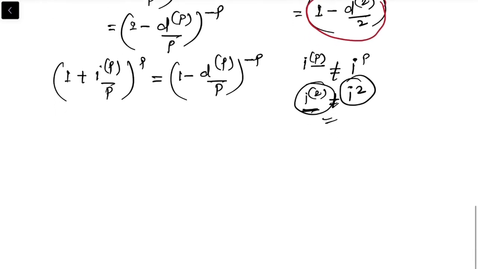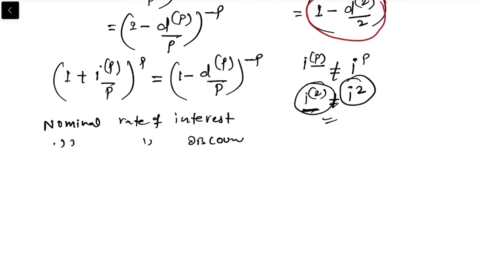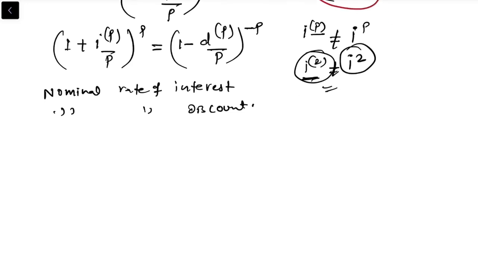Now let's learn about the nominal rate of interest or discount. Let's understand nominal rate in this way. Suppose a person goes to a bank and asks what is the interest rate charged on his deposit in the bank account, and suppose the bank says the monthly effective rate of interest is 1% per month.